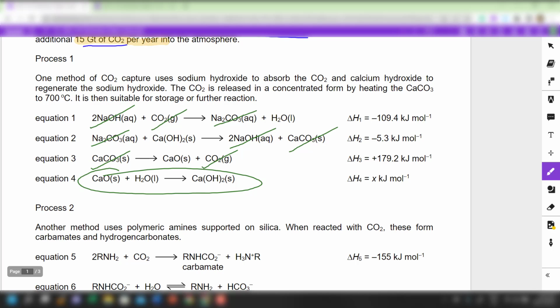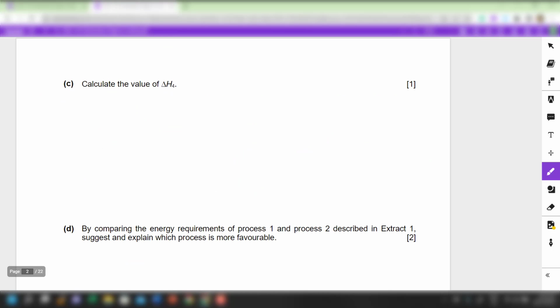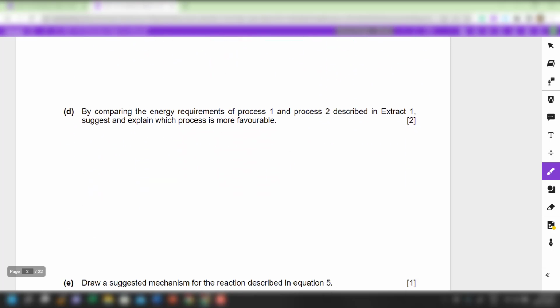That means you multiply equations 1, 2, and 3 by -1, or you swap the product and the reactant. With that, we can easily determine delta H4. That would be negative delta H1 minus delta H2 minus delta H3. If you just quickly punch your calculator, you should get negative 64.5 kilojoules per mole. So this should be quite straightforward.